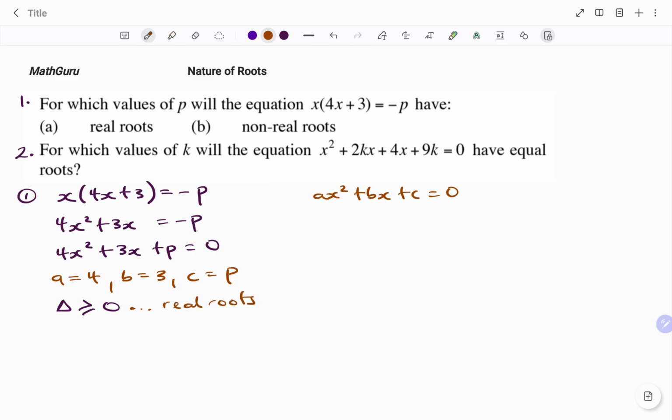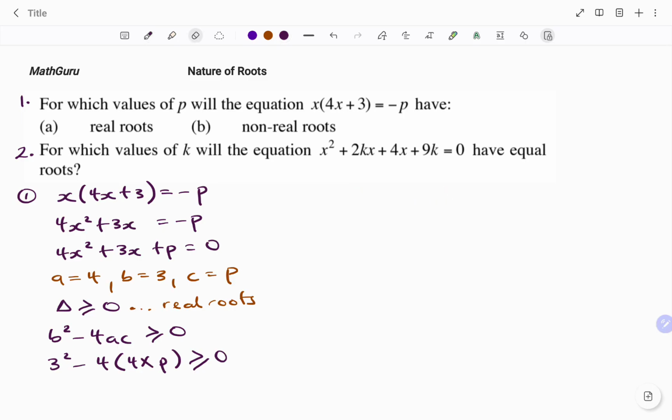The formula for finding delta, that's b squared minus 4ac, must be greater or equal to 0. So slotting in the values, 3 squared minus 4 times 4 times p must be greater or equal to 0.